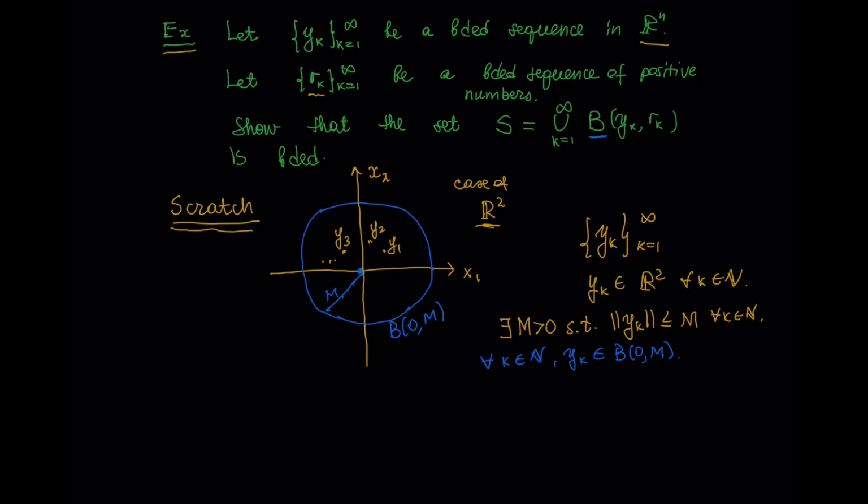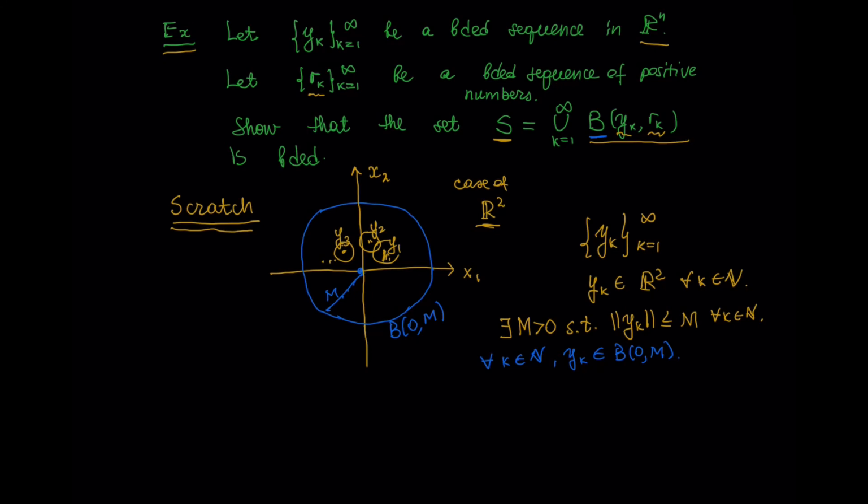So now let us try to understand what this set S is. The set S is built with these building blocks that are balls centered at yk of radius rk. So around the point y1, let us draw the ball of radius r1. In the case of R2, it's just going to be a disk of radius r1. Then around the point y2, we can draw the disk of radius r2. Around y3, the disk of radius r3, and so on.